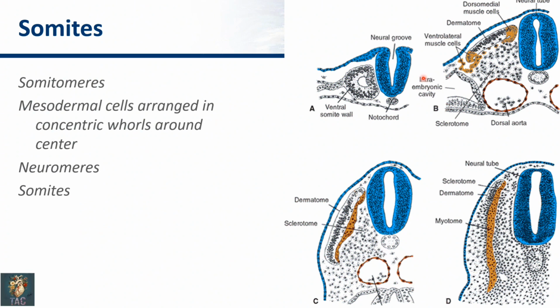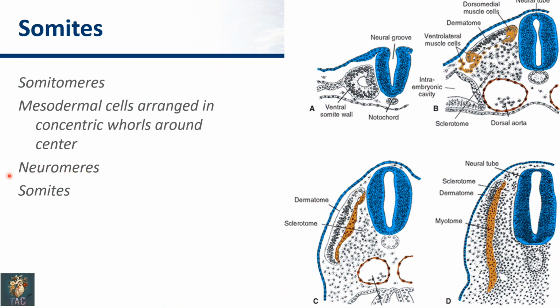Look at this diagram. Initially, this paraxial mesoderm forms somitomeres, and these are present in the form of donut-shaped structures. They are arranged in concentric whorls around the center near the neural tube and the notochord. These somitomeres in the head region are given the name neuromeres.